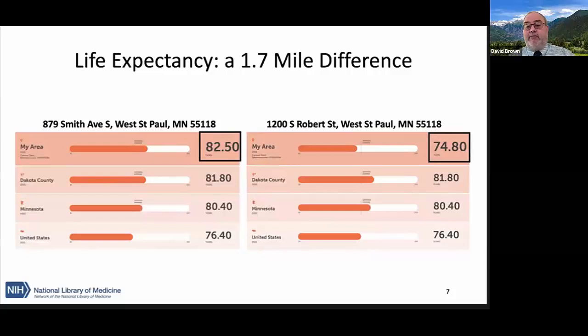These are created with the Robert Wood Johnson Foundation tool called What Makes a Life Long. You can look at your own zip code with this tool. Life expectancy can maybe be manipulated a little bit, but it does show that disparities do exist, and they have a major impact on individuals and others in the world.